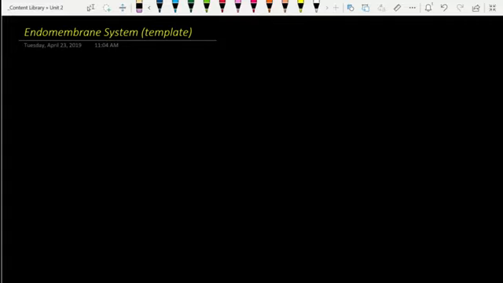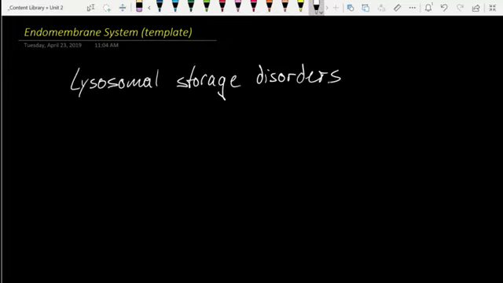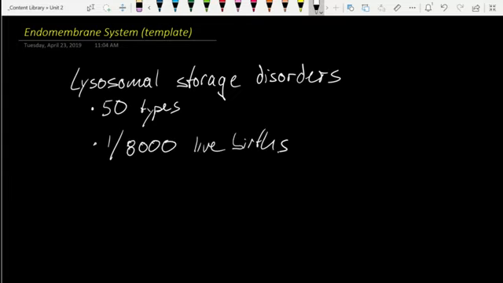I wanted to introduce the endomembrane system to you by talking about a group of diseases called lysosomal storage disorders. Individually, these are mostly genetic diseases, and individually there's a really rare chance that you could come down with them. But collectively, there are about 50 documented types, and the odds are about 1 in 8,000 live births.